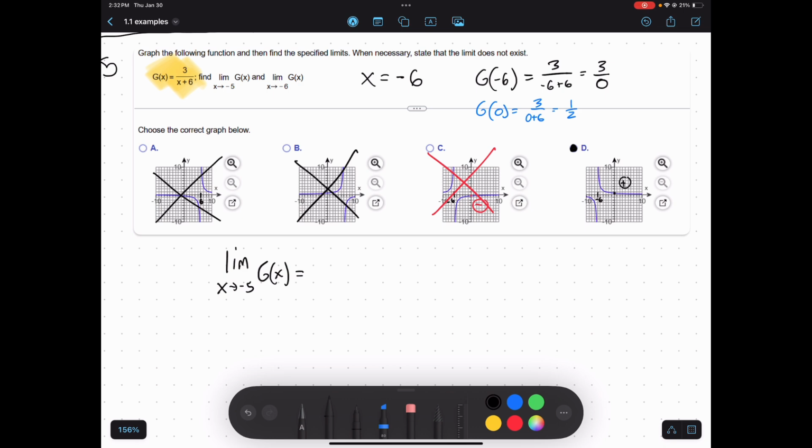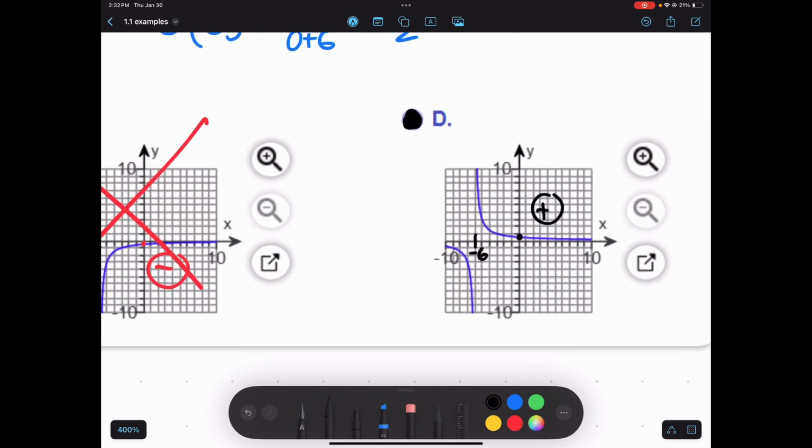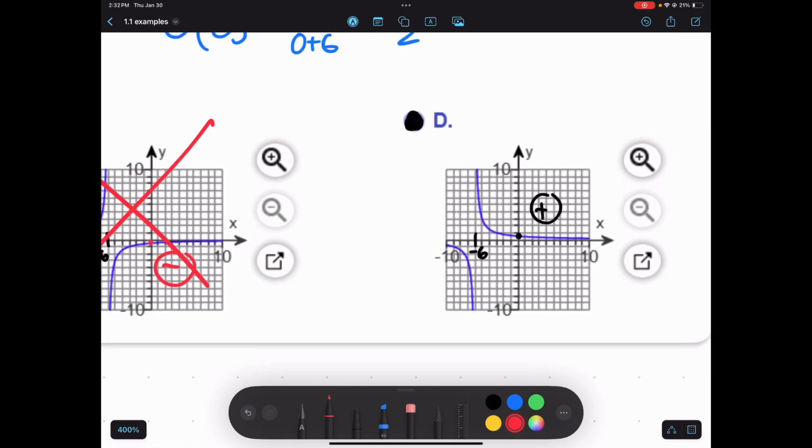Well, tell me about the function at negative 5. Negative 5 is right next to negative 6. So there's negative 5. My function has a valid y value, and my function's continuous there. So what is my function approaching? It's just approaching whatever this y value is. And what's that y value?